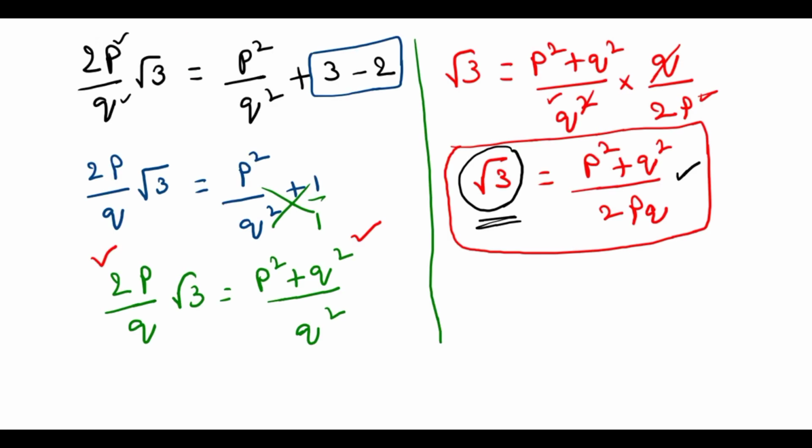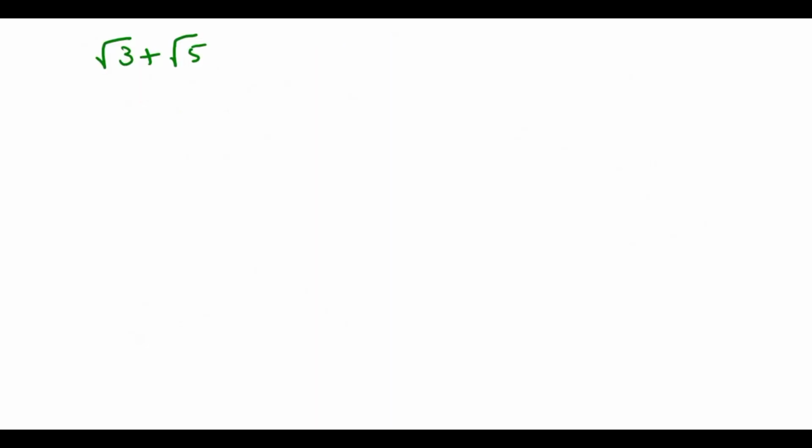Suppose to prove root 3 plus root 5 is an irrational number, as usual you can follow the steps, the same as what you have written before. So root 3 plus root 5 is equal to p by q. Next, as usual, you transpose this, then we get root 3 is equal to p by q minus root 5.